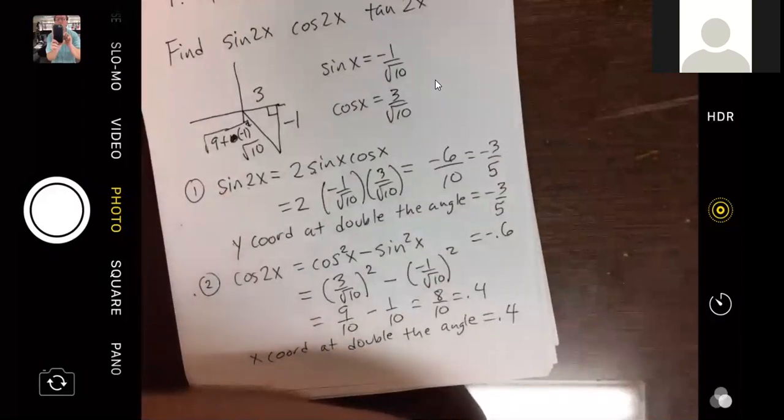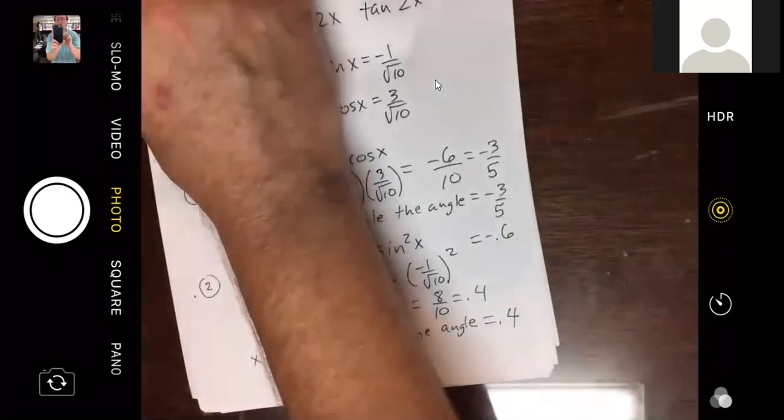Have you found your question? Yeah. First question is, it says here, find sin of 2x and cosine of 2x and tan of 2x from the given information.